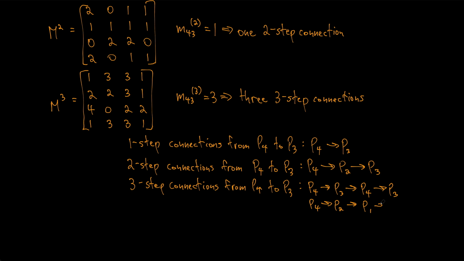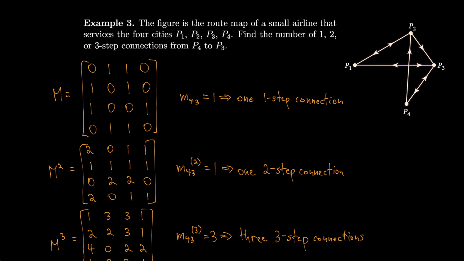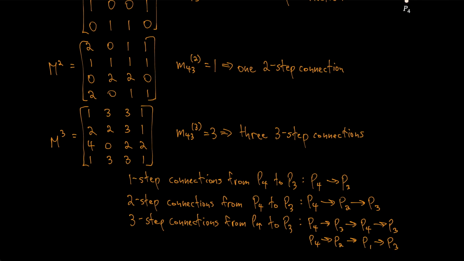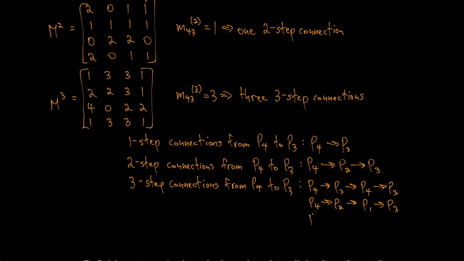And there should be one more because we saw it was 3. So how about we go from 4 to 3, and then go from 3 to 1, and then go back to 3. That'll be 3 steps, and that's the last one from the picture. So we'll go from P4 to P3 to P1 to P3.